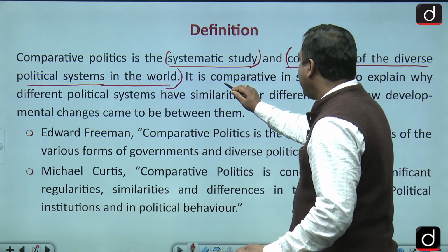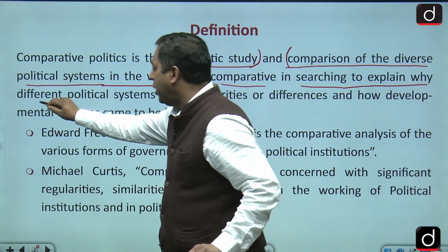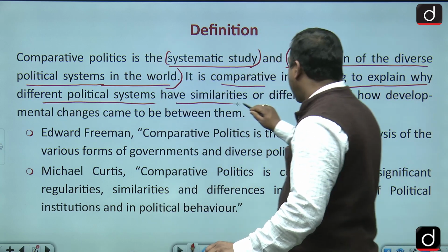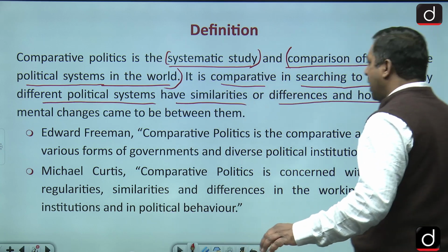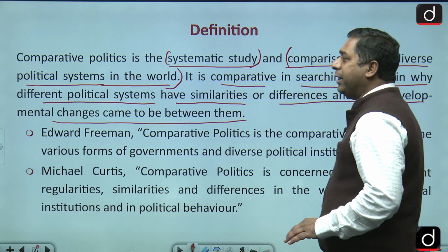It is comparative in seeking to explain why different political systems have similarities or differences and how developmental changes came to be between them.